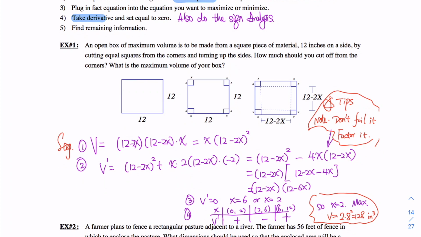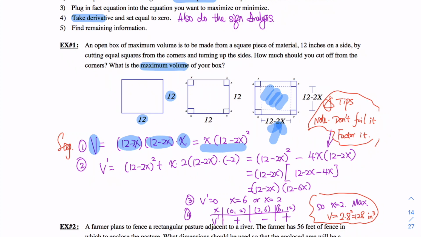For example 1, after we read the problem, this is the box. We cut 4 corners, and we are going to make a box with the bottom here, and the height is x. We are trying to maximize the volume. If you look at the final box, the volume is given by the base area, 12 minus 2x times 12 minus 2x, times the height x.